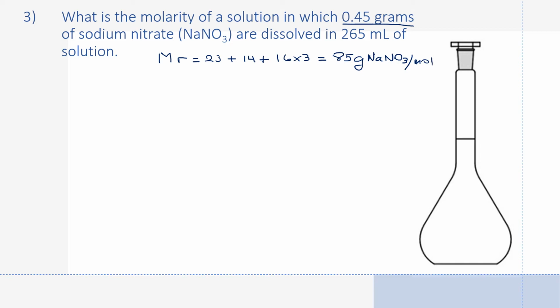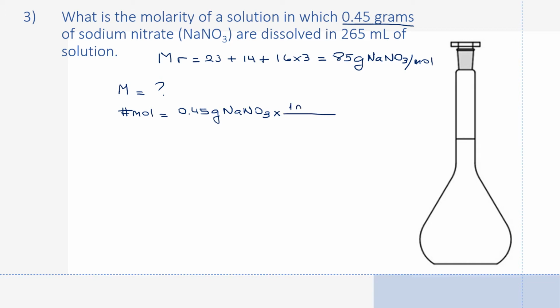So for the molarity, we have the one that we need to calculate. The number of moles, we don't have it, but we know that we have 0.45 grams of sodium nitrate, and we need to pass that into moles.